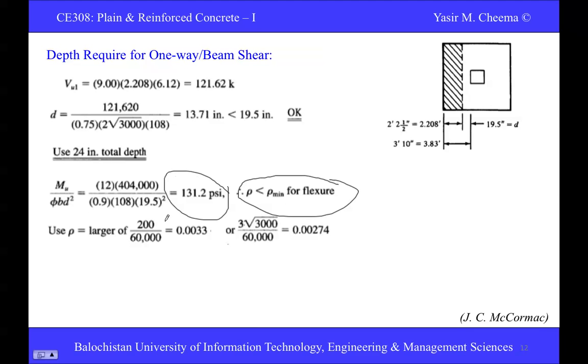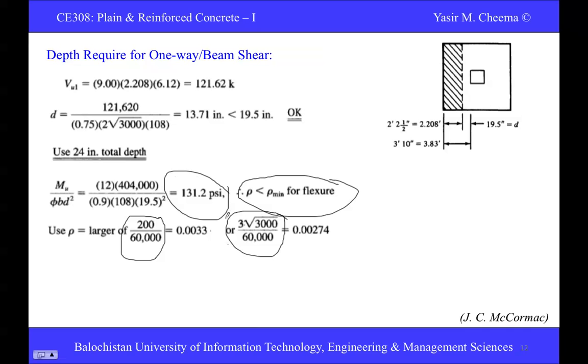The two things are 200 over Fy, and 3 root Fc prime over Fy. So if the calculated rho value comes less than the rho minimum for flexure, we have to use the larger of these. This is 200 over Fy, and this is 3 root Fc prime over Fy.